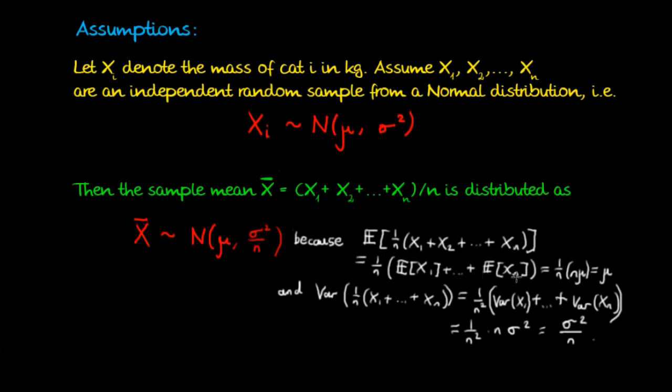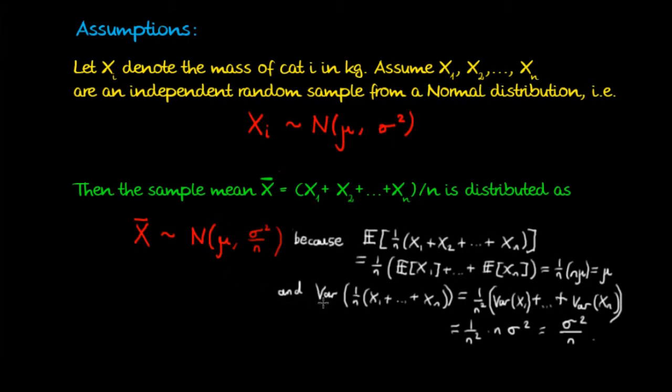That all comes because expectations are linear. So consequently we end up with 1 over n times this bracket. What's this bracket? It's just n lots of E of X, because these are all distributed in the same way, and the expected value of any of these xi's we said was mu. So there's n lots of mu in this bracket, so the expected value of x bar is mu. That's where this comes from.